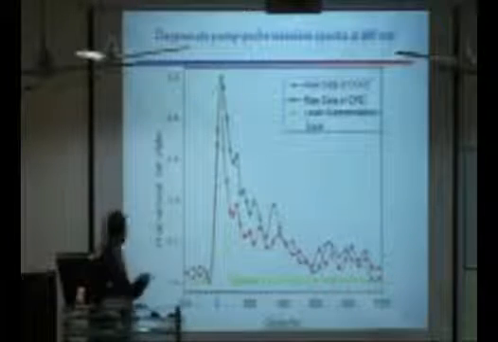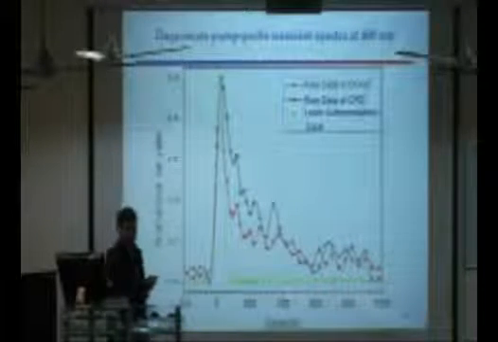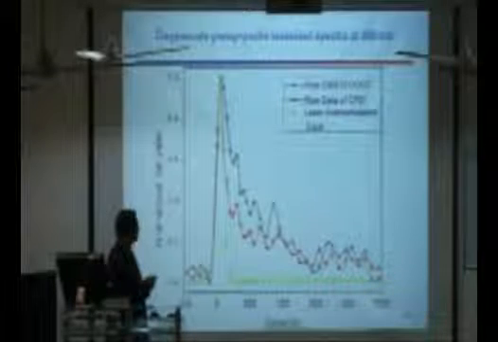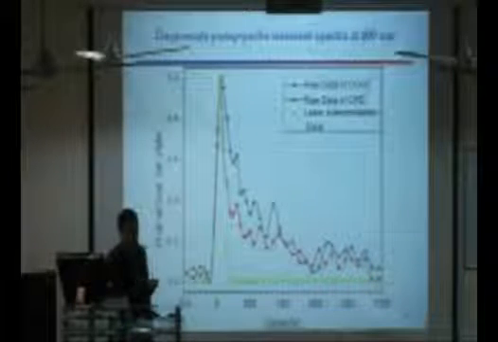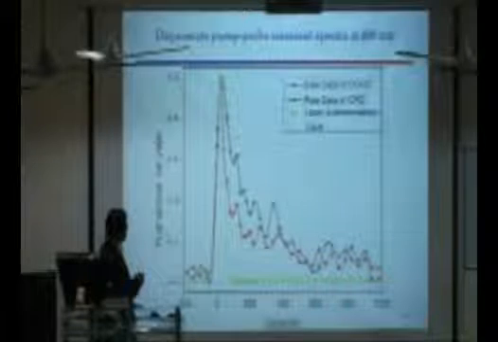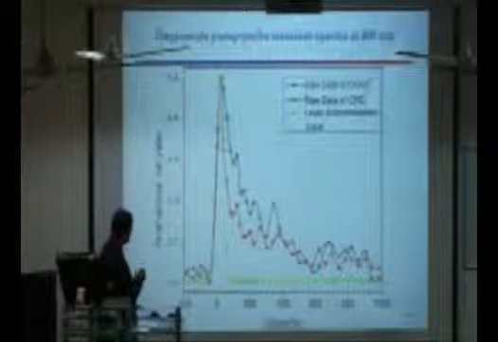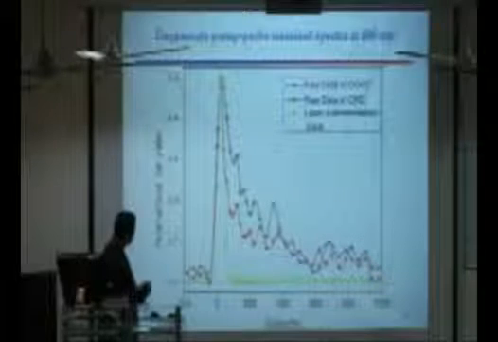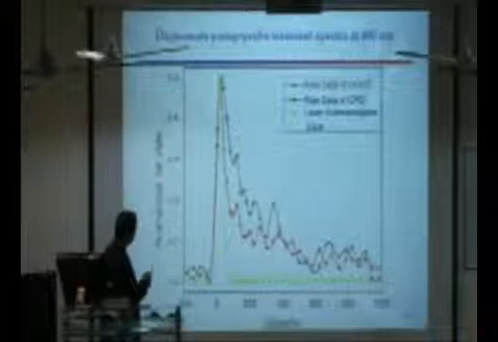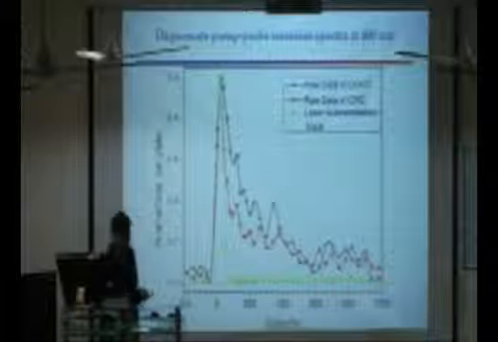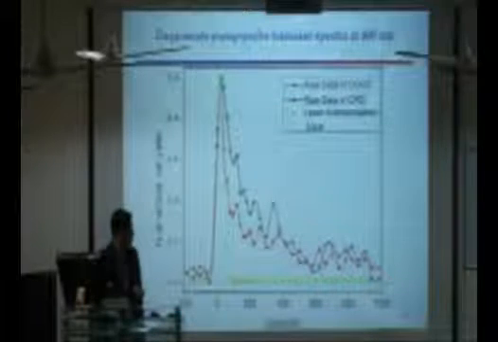Dicyclopentadiene is the name of the dimer, and cyclopentadiene is the name of the monomer. As you can see, the autocorrelation is the pulse itself, and the falling part of both components is not too different. That means it's a very fast process.